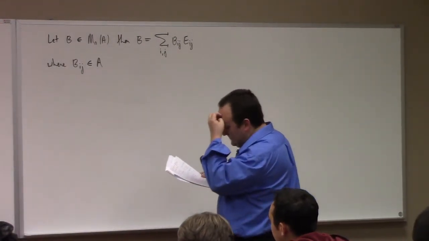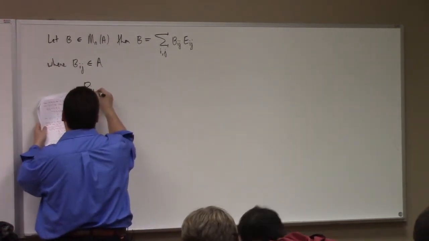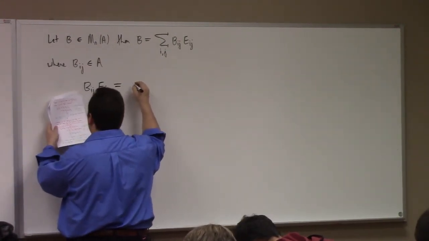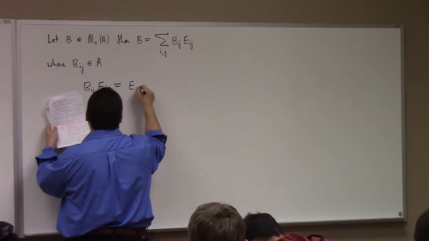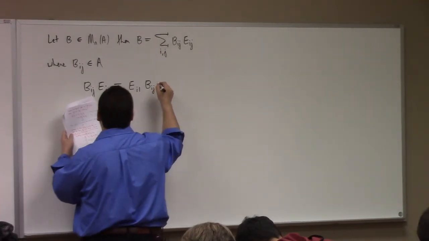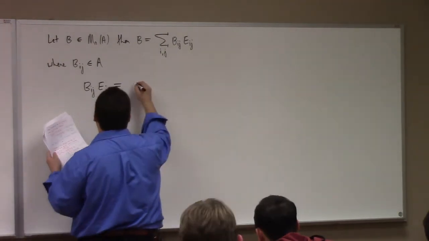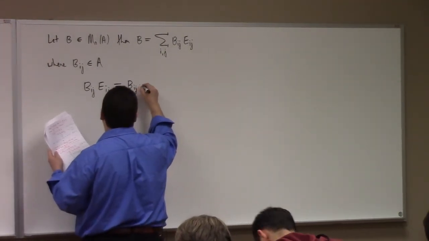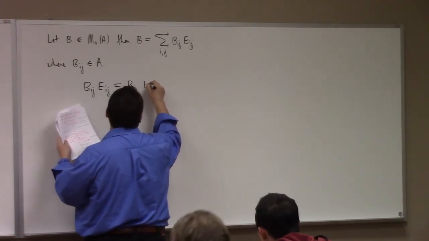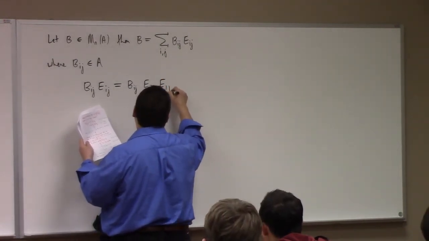If you look at that, you might notice that Bij Eij is equal to, and here's a sneaky step, Bij, and I'm going to rewrite Eij as Ei1 E1j.